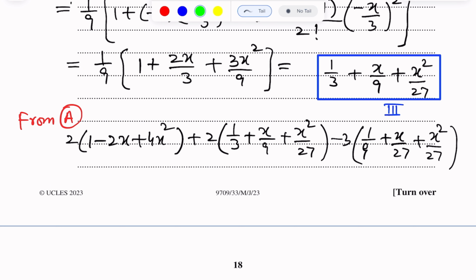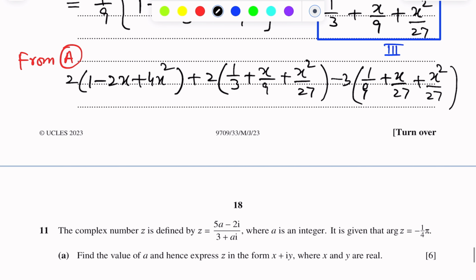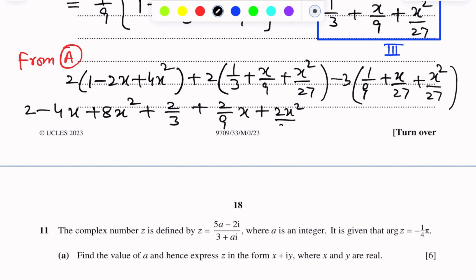Now multiplying 2 with this bracket, 2 multiplied by this bracket, minus 3 with this bracket, we get 2 minus 4x plus 8x square plus 2 over 3 plus 2 over 9 x plus 2x square over 27 minus 1 over 3 minus 2x over 9 minus x square over 9.